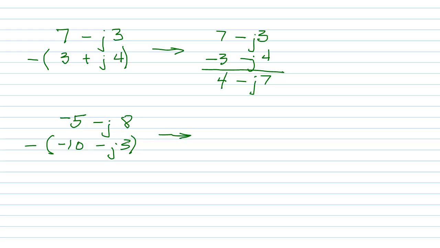There's no way I could ever possibly comprehend subtraction with those signs, so let's change it. Minus 5 minus J8. I'm just a simple-minded guy. Change that to a plus 10. Change this to a plus J3.